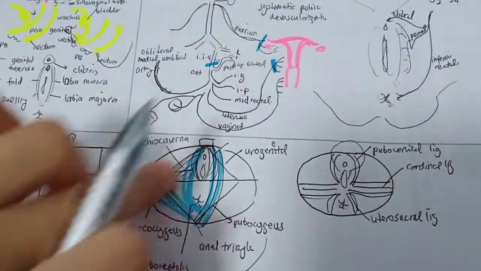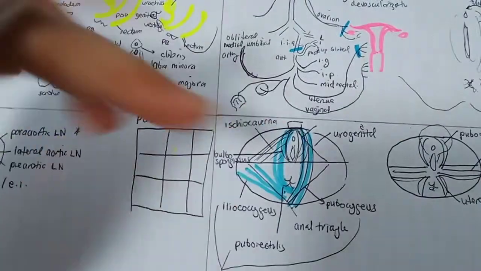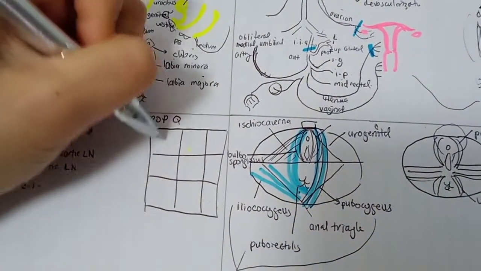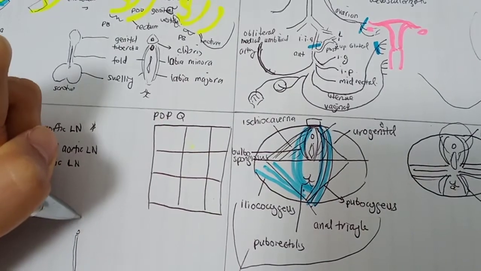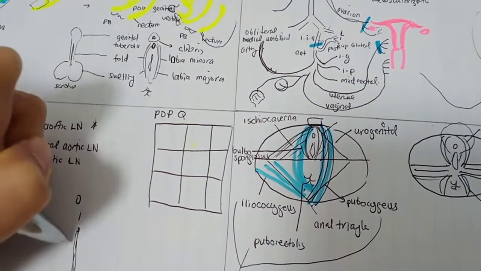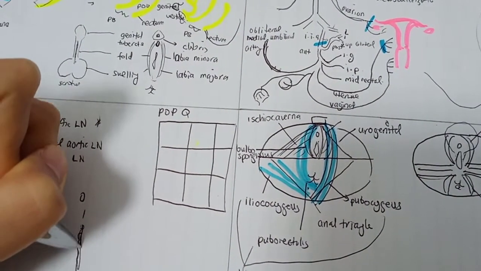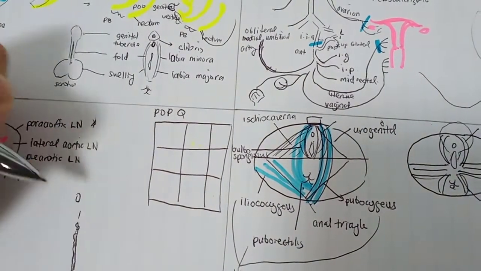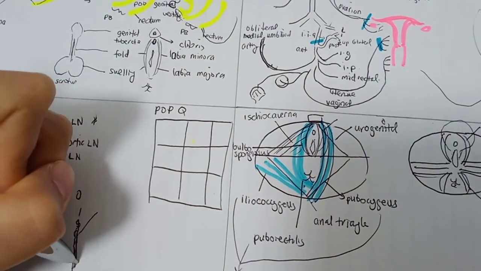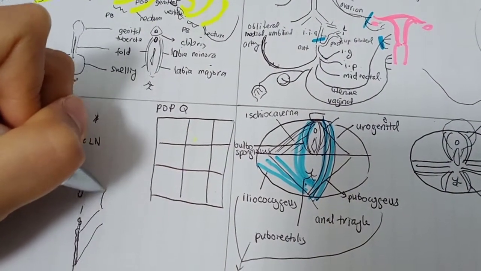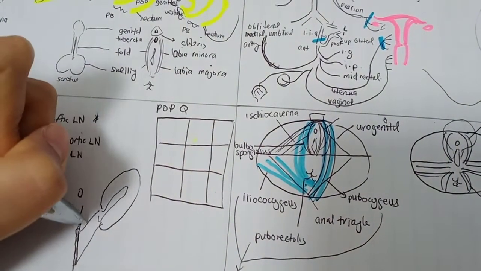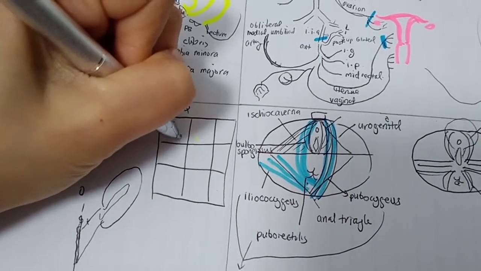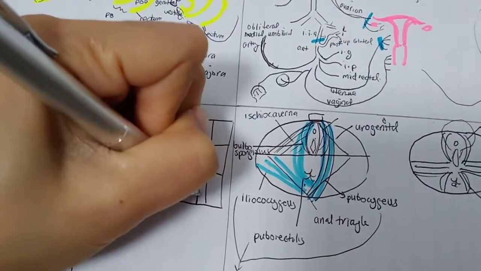So the understanding of this is important for the POPQ. As for the POPQ, let's say this is the 0, where we have the hymen here as a landmark, or the urethral opening. So we have the vagina canal here. We have the uterus. So we have the anterior and the posterior points.